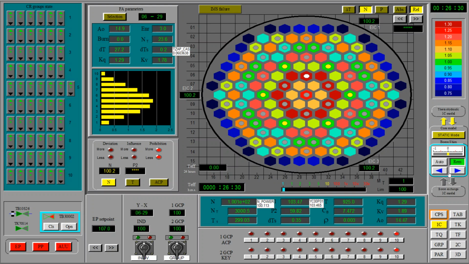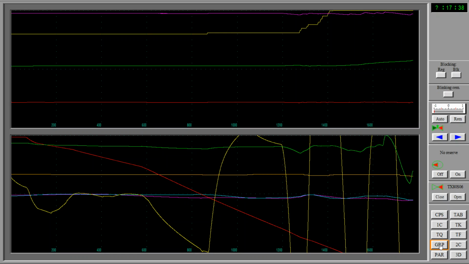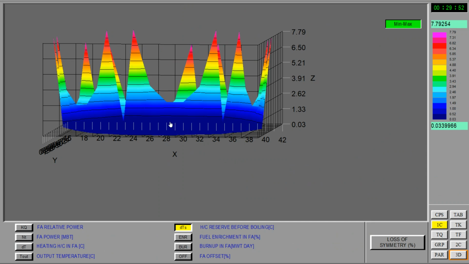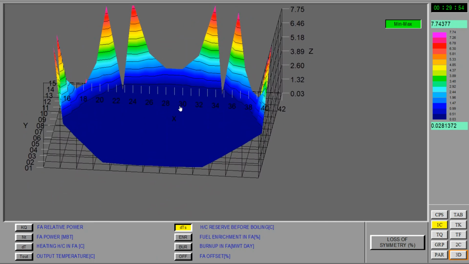Decreasing boron once more. And now we have all the reactor boiling.